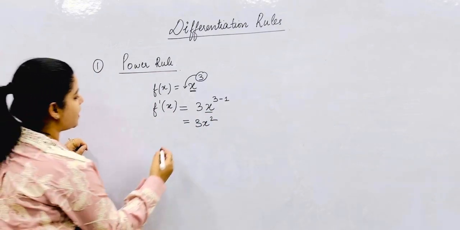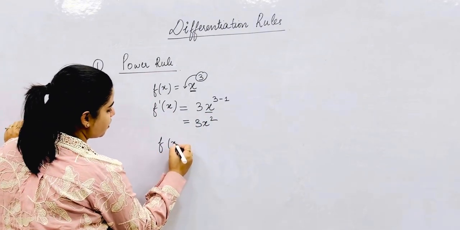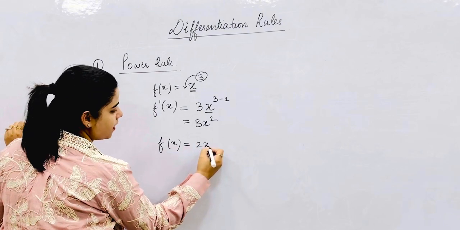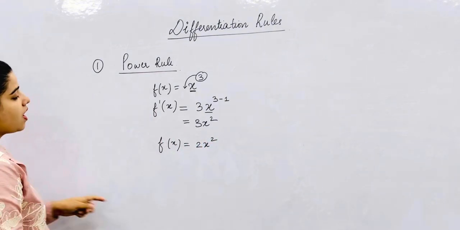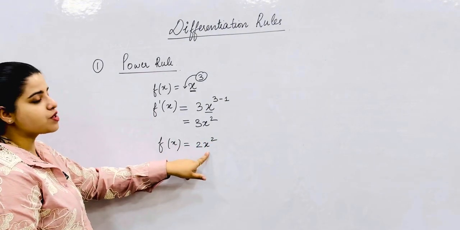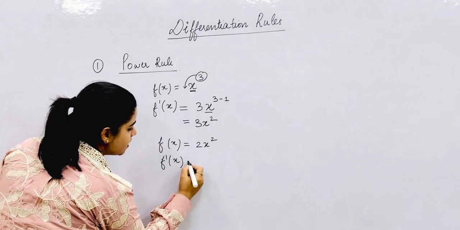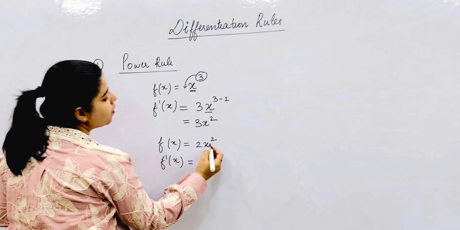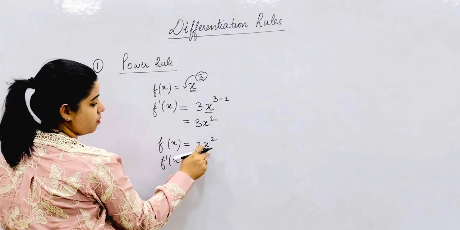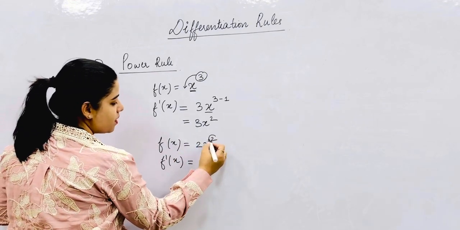Okay, now let's take another example. Suppose you have a function as 2x square, and you have to differentiate it with respect to x. So we'll write f dash x is equal to, now we'll look at the exponent of the variable. What is the exponent of the variable? It is 2.